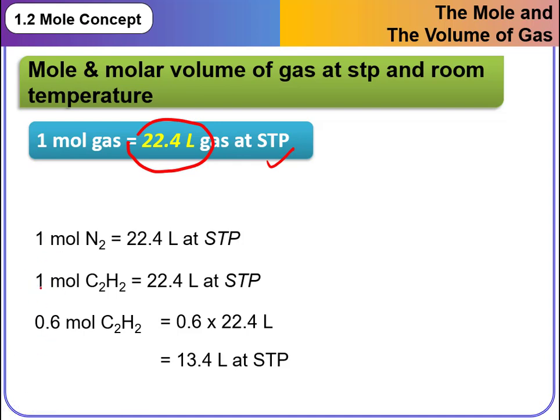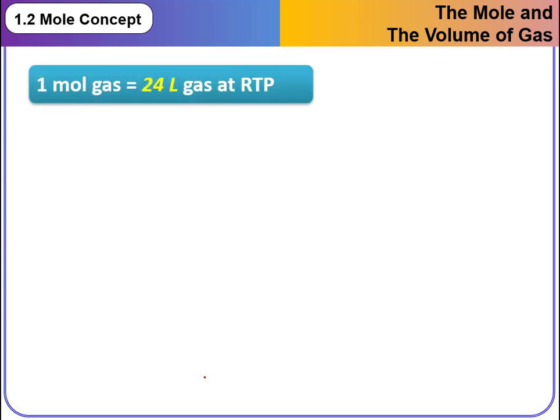Since we know that 1 mole of C2H2 equals 22.4 liter at STP, 1 mole of this C2H2 contains 22.4 liter of C2H2 at STP. How about if we have only 0.6 mole? Simply times 22.4 liter. So the answer is 13.4 liter at STP.